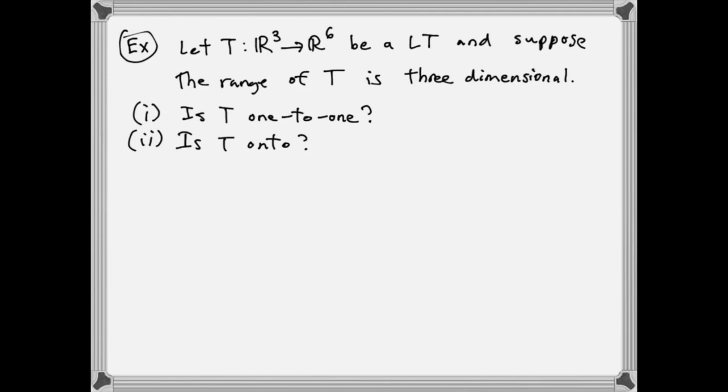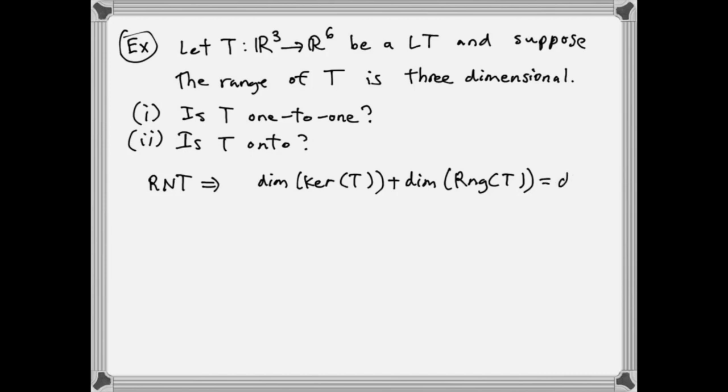So again, I want us to look at the rank nullity theorem. The rank nullity theorem implies that the dimension of the kernel of T plus the dimension of the range of T is equal to the dimension of V. Well, V is R3, so this is 3. And it says, suppose the range of T is 3-dimensional. In other words, this guy would be 3.